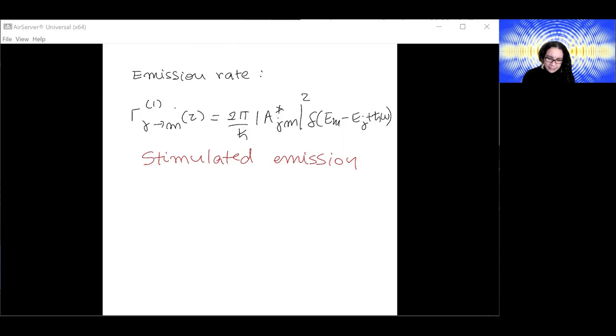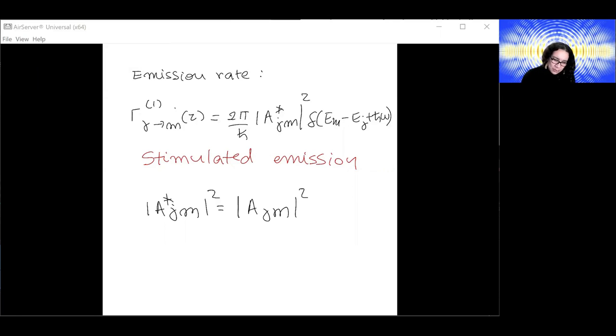Let's consider that A_jm star modulo square is equal to A_jm modulo square, which is clear because if you have the modulo square of the complex conjugate of something, that is going to be the modulo square of that thing which you conjugated.